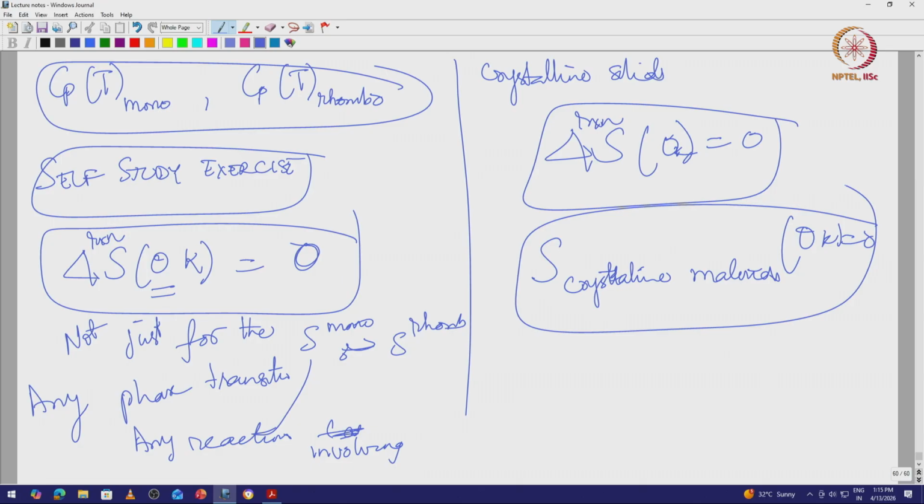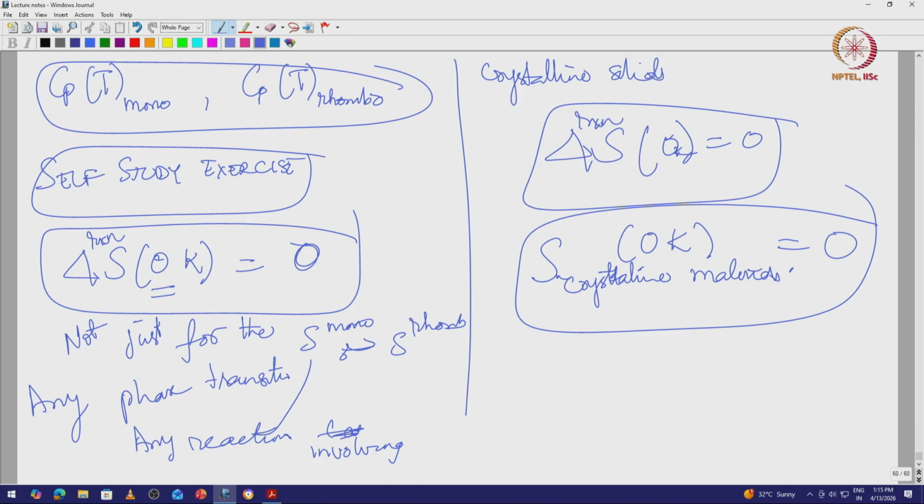And this is how people came up with the third law of thermodynamics. So, it is not from Boltzmann. People somehow knew S is 0, or for crystalline materials, I will say, what is the caveat here. People knew by looking at precisely these sort of exercises that we did.